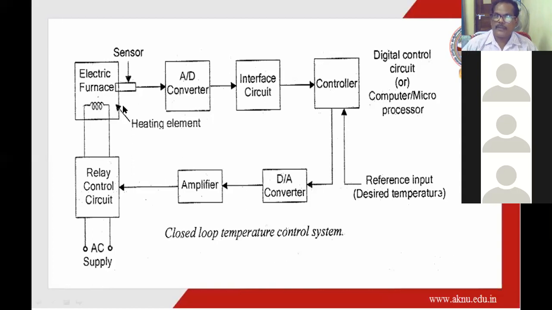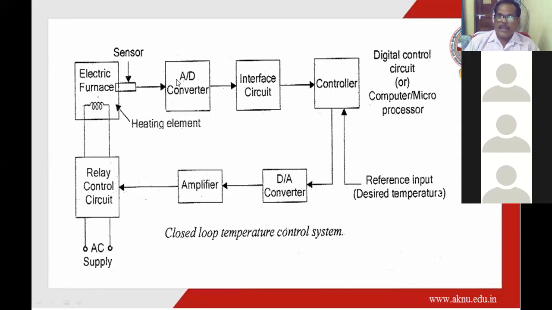So if the temperature is less than 100 degrees centigrade, we increase the current through the coil, and the temperature is raised to 100 degrees. If the temperature is more than that, again we decrease the current through the coil. That means we can control the temperature in the electric furnace by changing the current. The change of current is done by the controlling action.